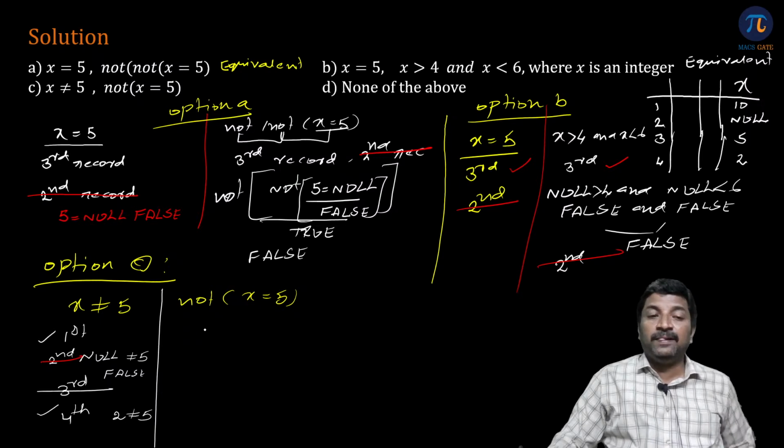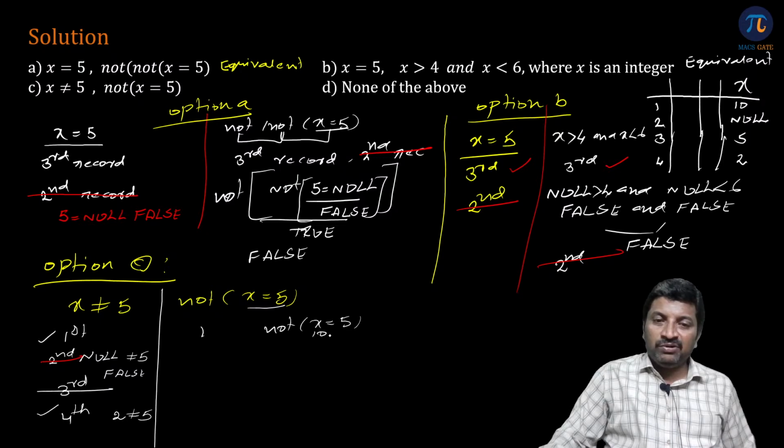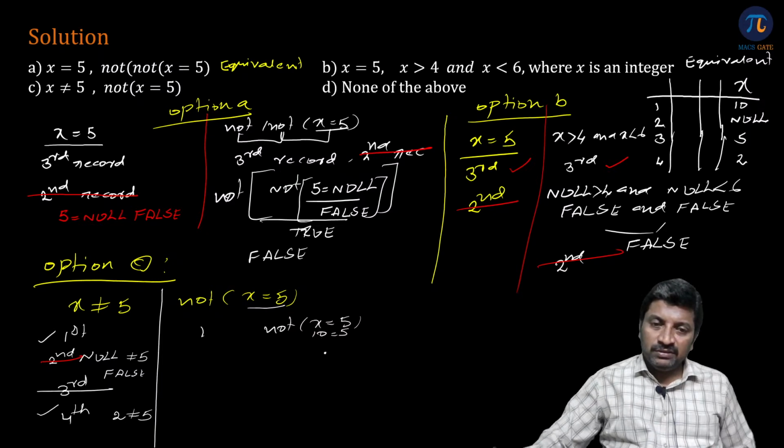What about here, sir? For first record, x equal to 5, it is true. Okay, let me write like this. Not of x equal to 5. Here I have 10. This is false, and this is true. So first I will get.